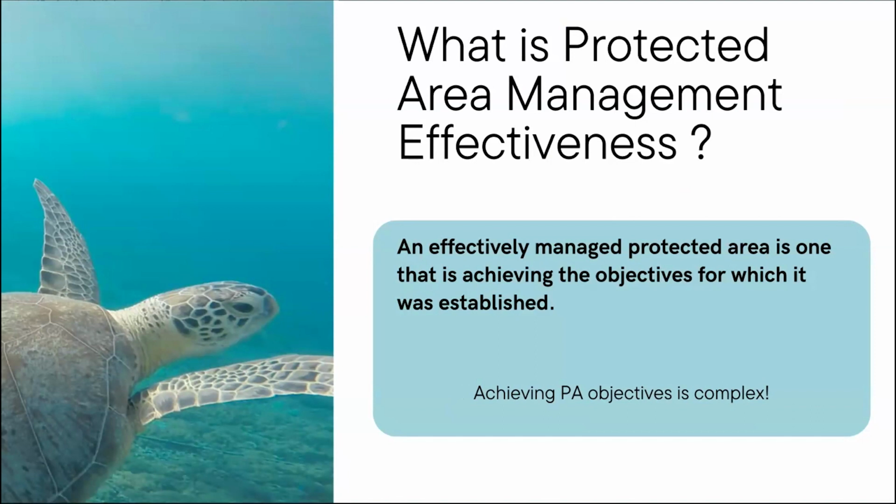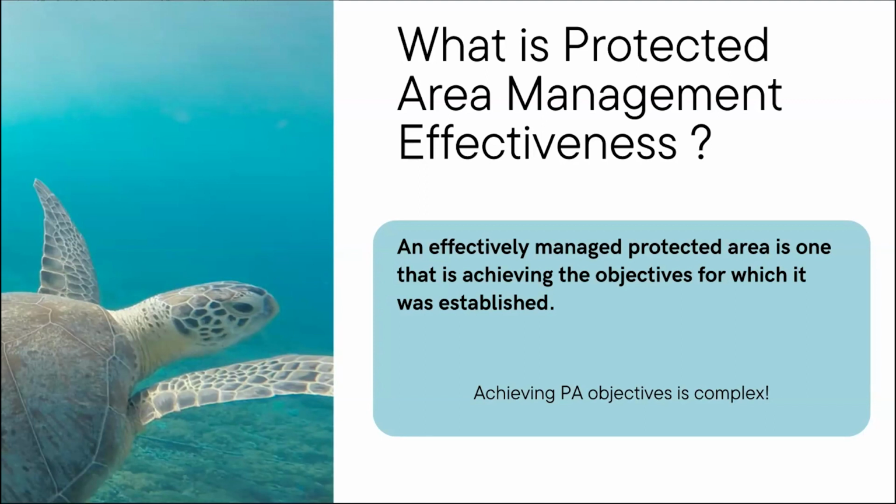But there are many sites that are achieving their objectives and many sites that are not, or only partially achieving their objectives. And that's because protected area objectives are complex to achieve. It's not simply that we can establish a site and walk away and that magically the objectives are going to appear, that we're going to be successful in achieving them.